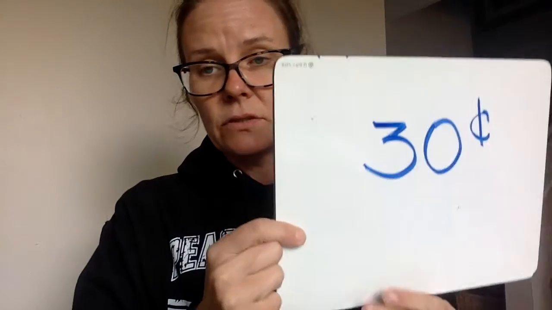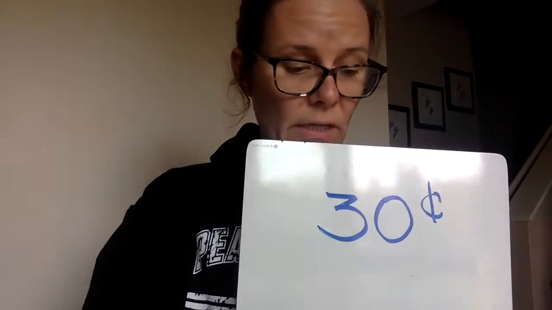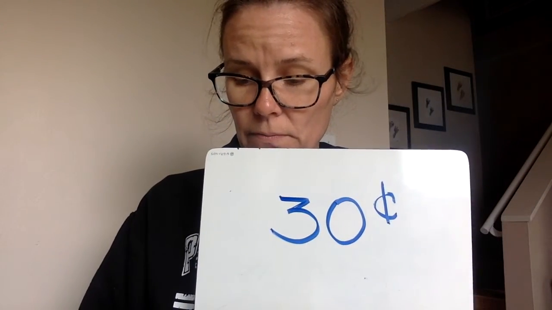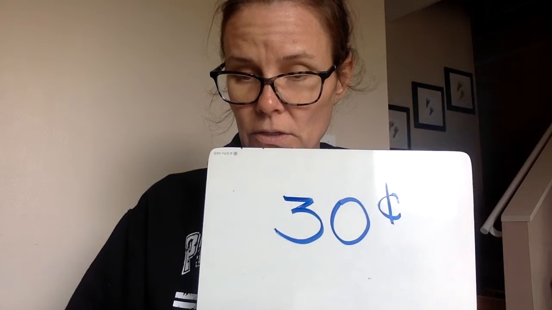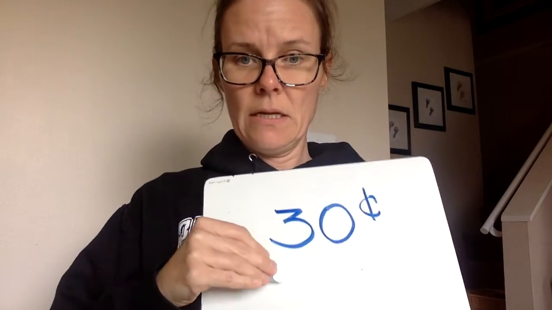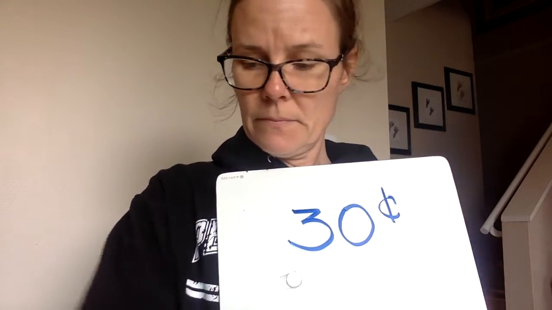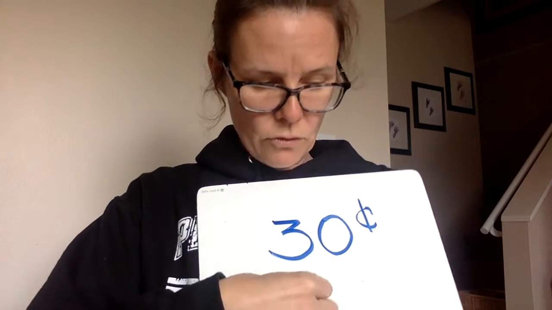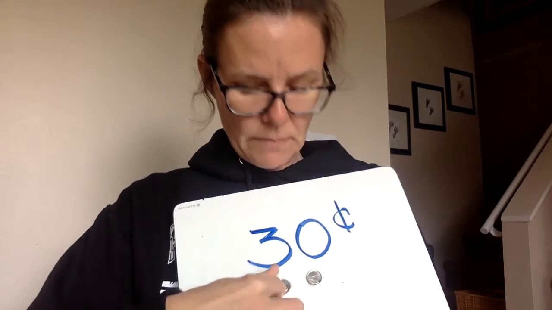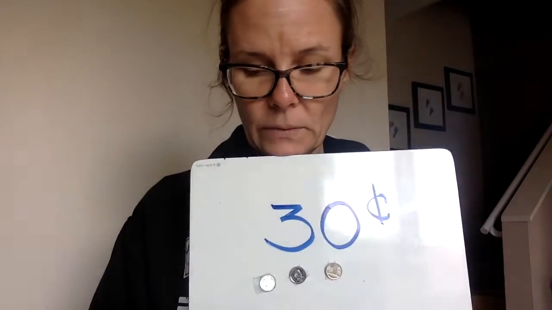What are some ways that you can make them? So you have lots of different answers. Let's think about that for a second, and I'm going to start. We can do 30 cents by saying 10, 20, 30. Skip counting my tens pretty fast, and it's pretty easy. We can do it that way.